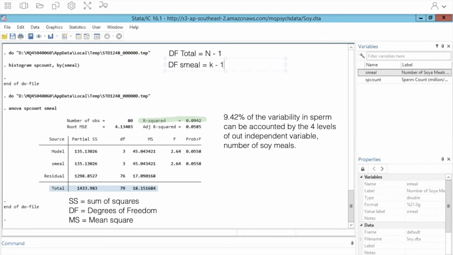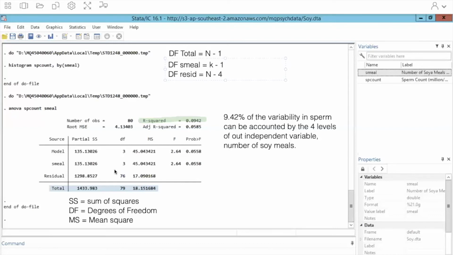So 4 minus 1 is 3, which is how we got to our degrees of freedom here. And finally, degrees of freedom residual is also important. And that's total N minus K. Right, so total N minus the number of levels in our independent variable. In this case, it's 80 minus 4, so 76.